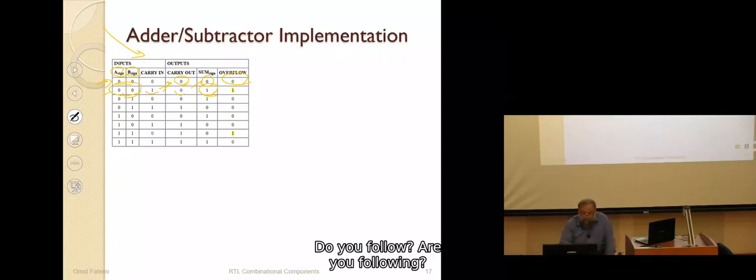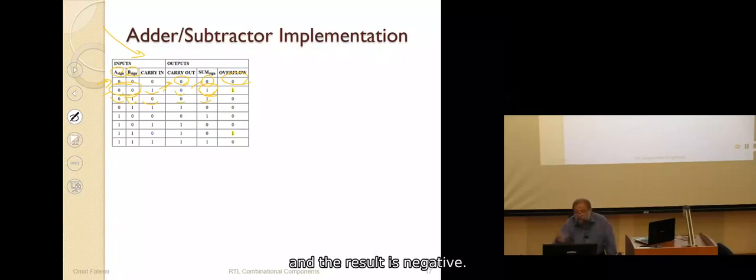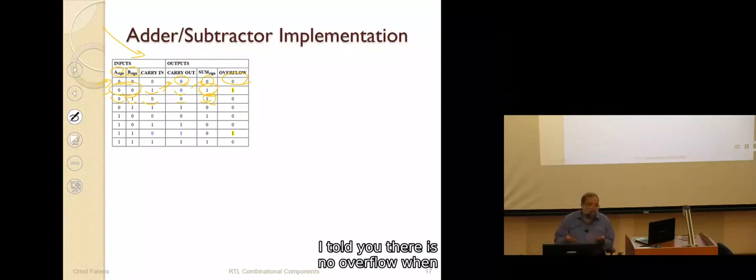If A is positive, B is negative, and the carry-in coming in is 0, then 0 plus 1 plus 0 is 1, with carry 0. So again, we have a positive number plus a negative number, and the result is negative. It's okay. I told you there is no overflow when you are adding a positive and a negative value. So there is no overflow.